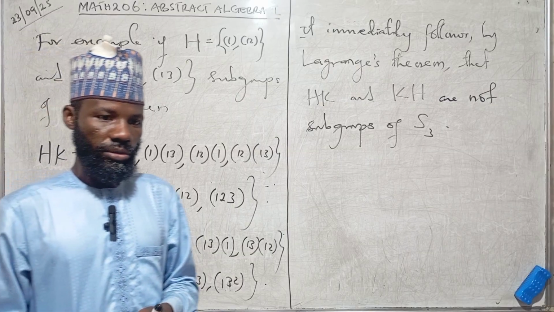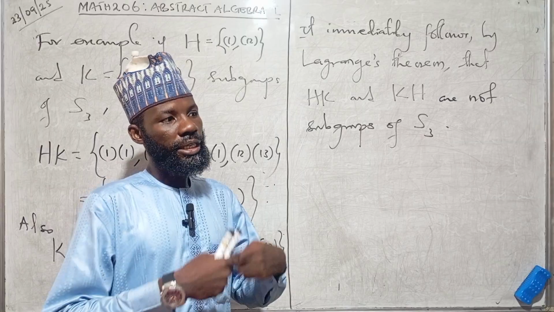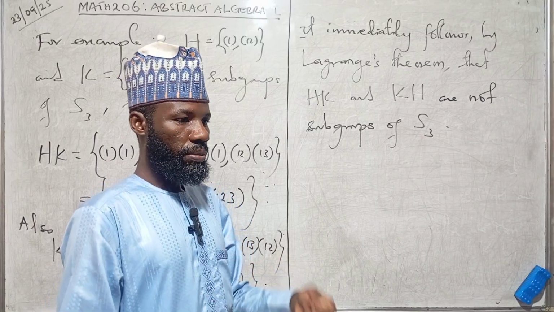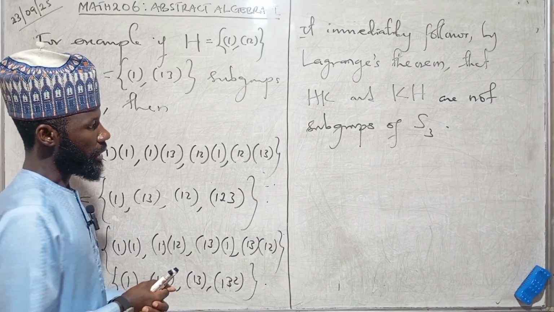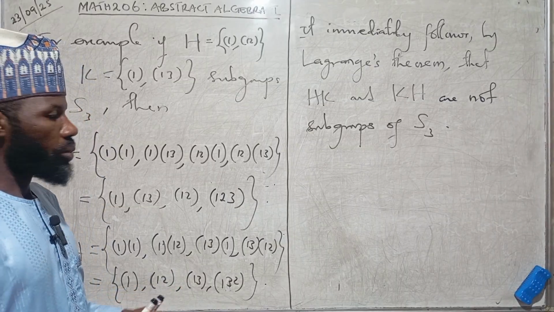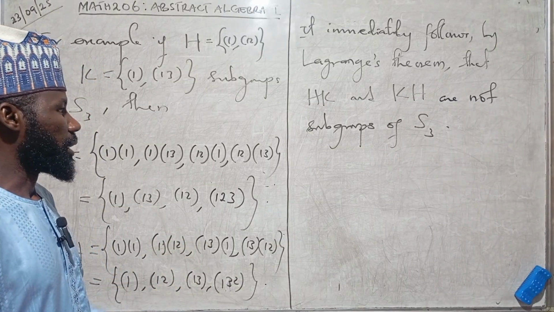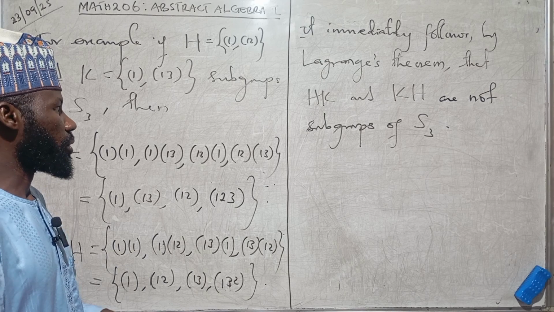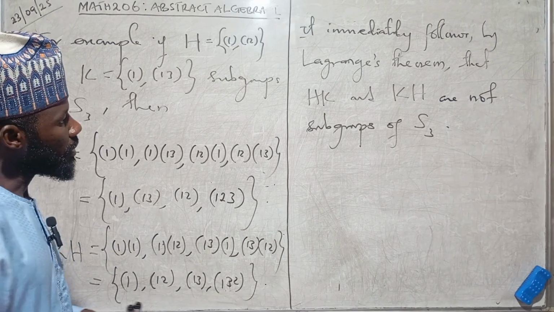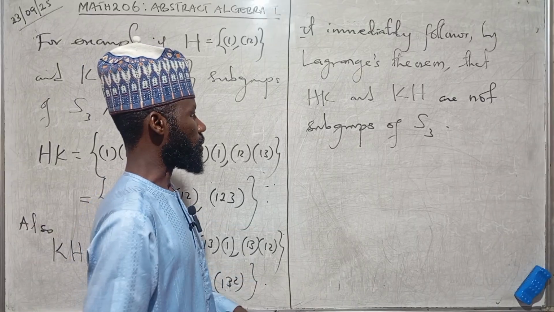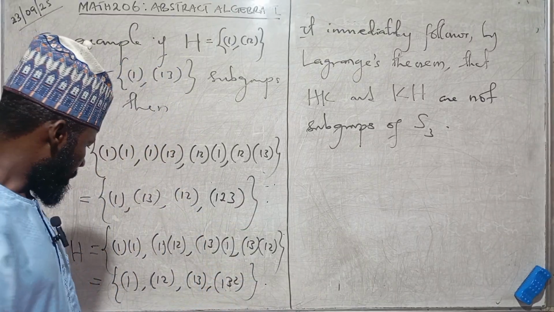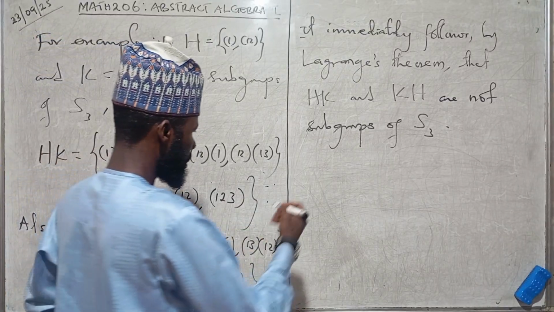This is not generally true. There are situations when the product of two subgroups will still be a subgroup. And then it will be good to know what is the condition attached to that situation. That is, what will be the necessary and sufficient condition for the product of two subgroups HK to be a subgroup. And this will be the content of this next result.